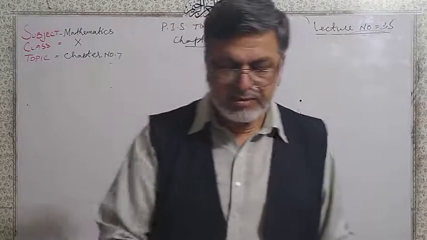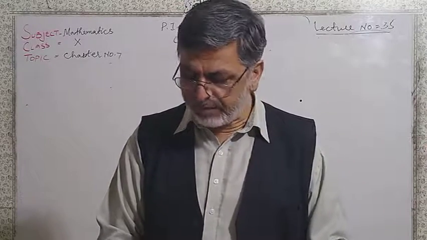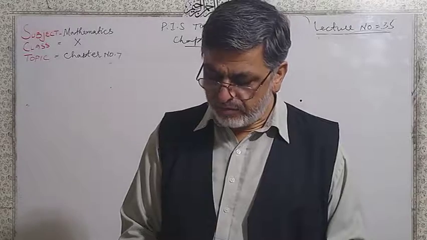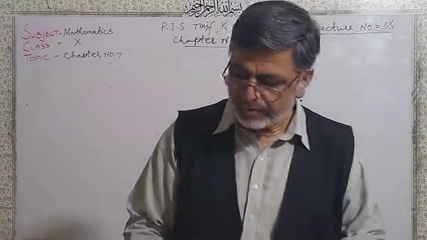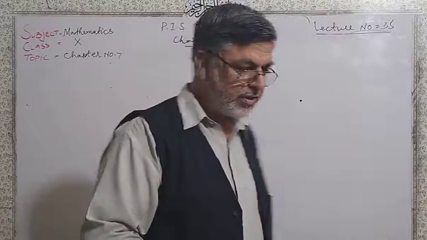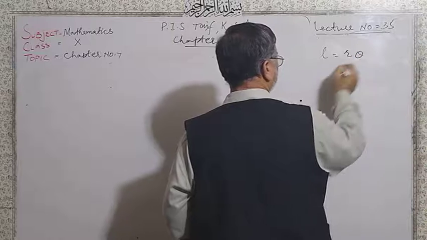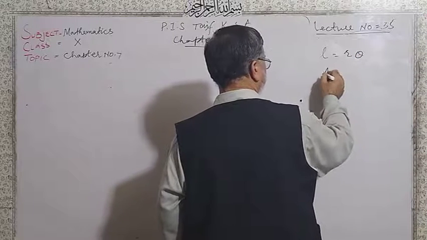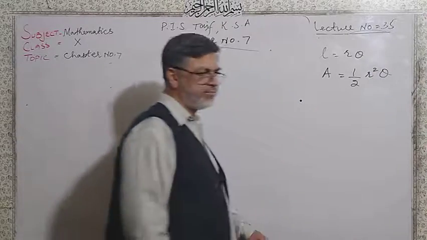exercise 7.2 now. Before we start our 7.2 exercise, we must have two formulas. L is equal to r theta and area of sector is half r square theta.